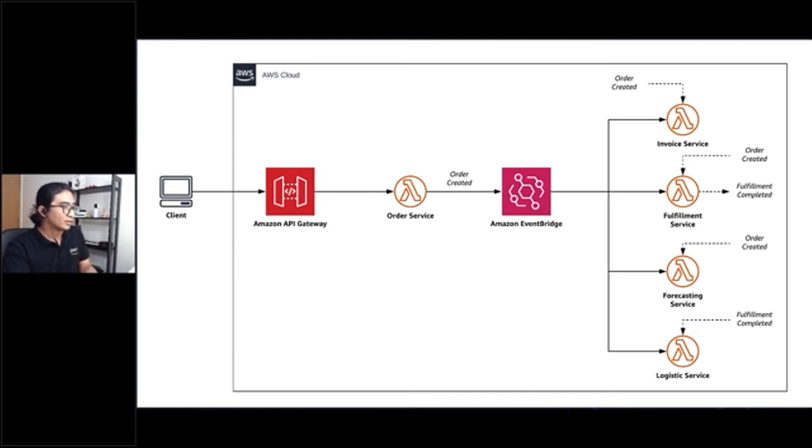Right? An additional event that we're going to create in this context is fulfillment completed. That event is published by the fulfillment service, which will then be consumed by the logistics service. So the idea is to have a complete data flow whenever the system receives an order creation.